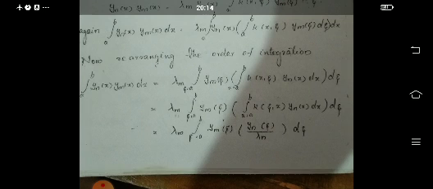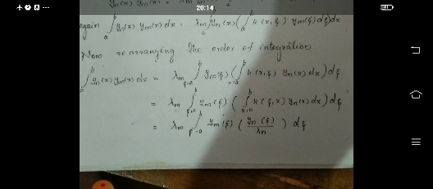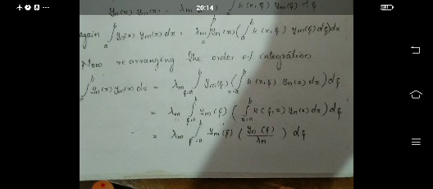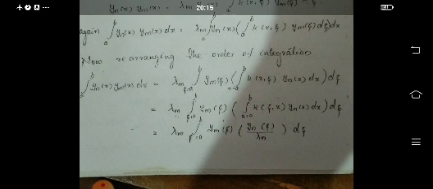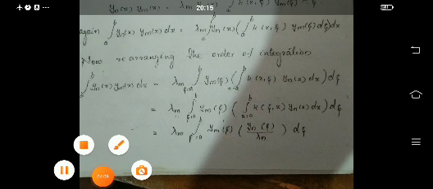Now rearranging the above equation, integral a to b yn of x ym of x dx equal to lambda m integral a to b ym of theta integral a to b k of x theta yn of x dx d theta, equal to lambda m integral a to b ym of theta yn of theta by lambda n d theta.